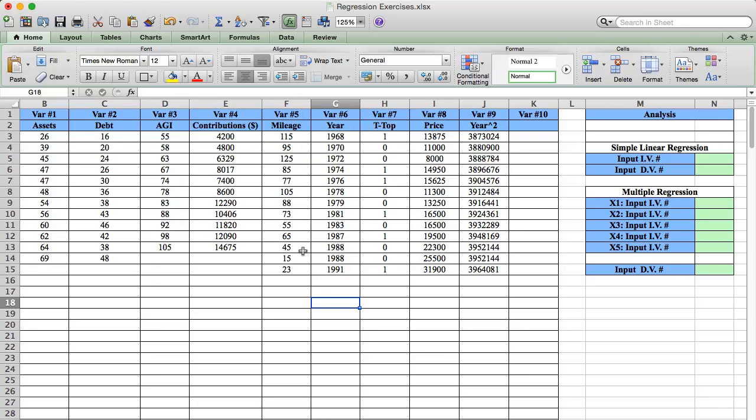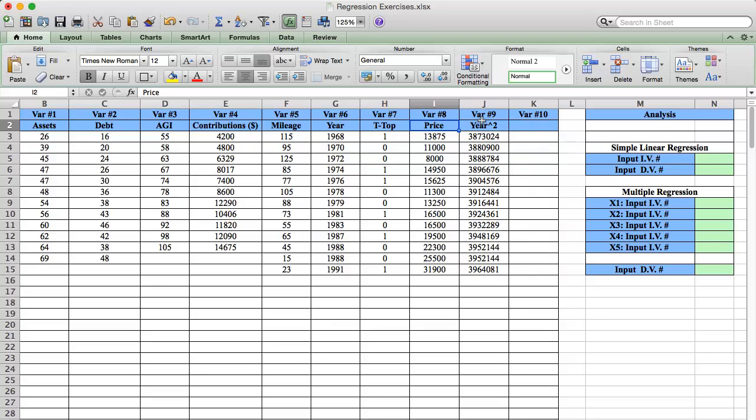So, of course, he has the mileage of each of the cars that he's selling, and he knows the year of the cars. T-tops, or some sort of removable roof, is also something that he's considering as having a possible effect on price. So price, quite clearly, would be the dependent variable. That's the variable that this owner of the Corvette dealership is trying to predict.